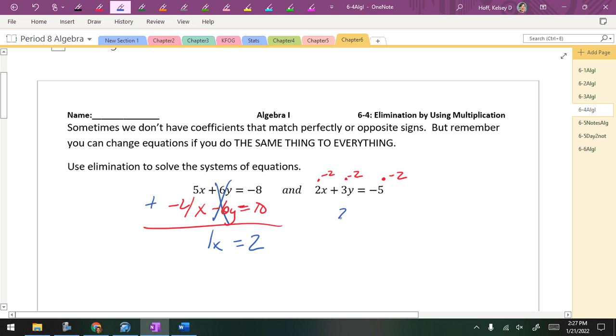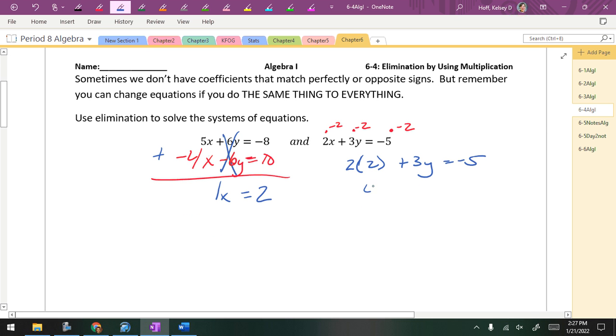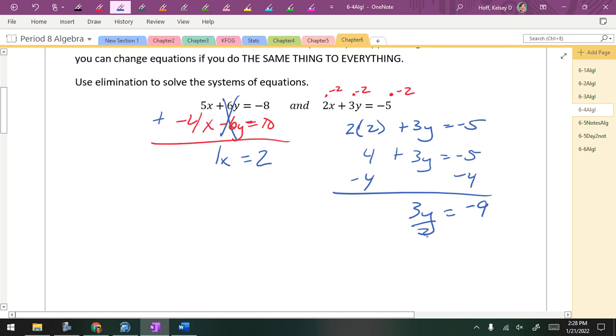Okay, so we go 2 times 2 plus 3y equals -5. 2 times 2, 4 plus 3y equals -5. Then I subtract 4, 3y equals -9. Then divide by 3, y equals -3.